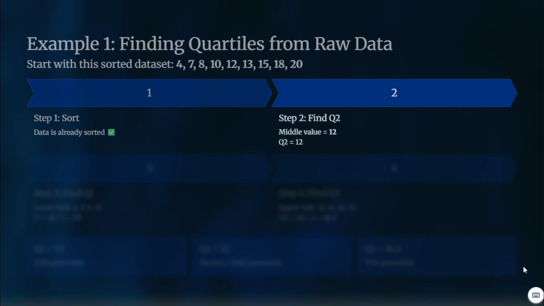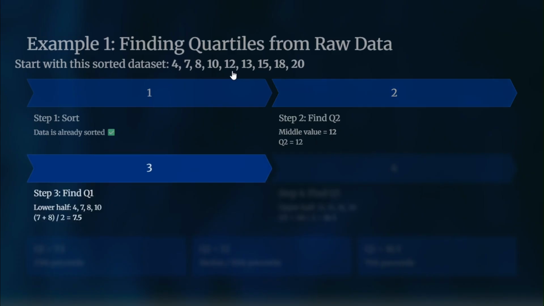Then, in order to find Q2, the second quartile, that would be the middle value. Since we have 9 values, an odd number of values, our second quartile is the median, which would be the middle value right here. It will be 12.